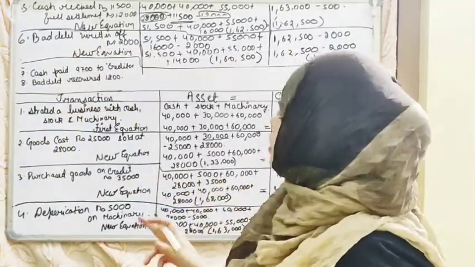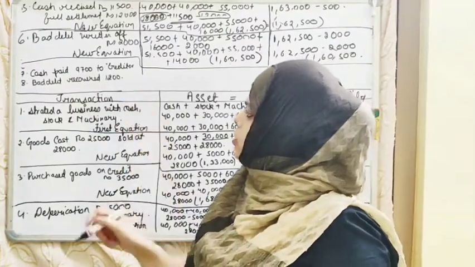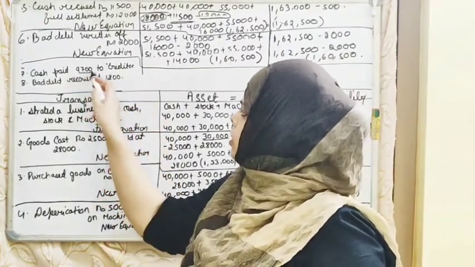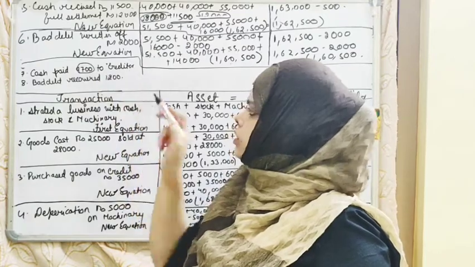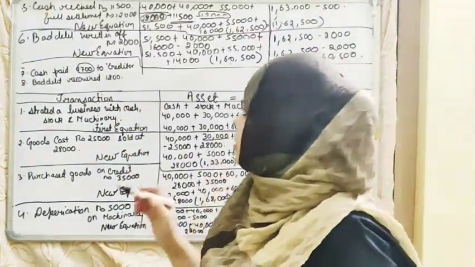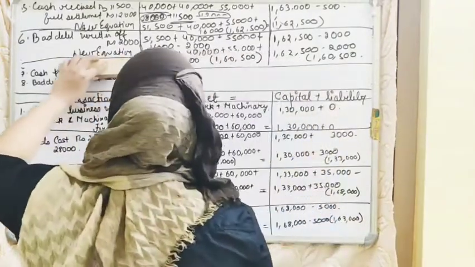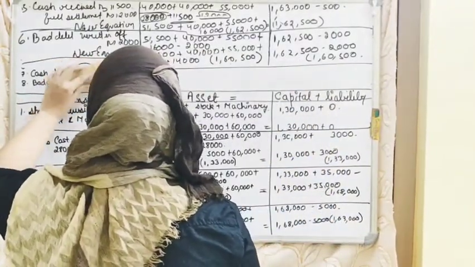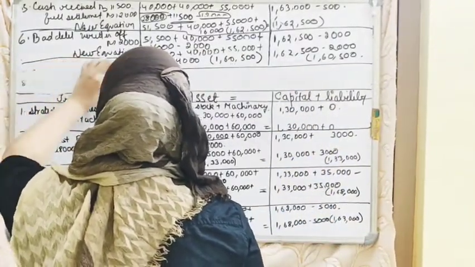Now coming to the seventh one, I erase the half part, that is cash paid rupees 9,700 to creditor and discount received rupees 300 was your transaction. So I am just erasing both so that I can write it properly.